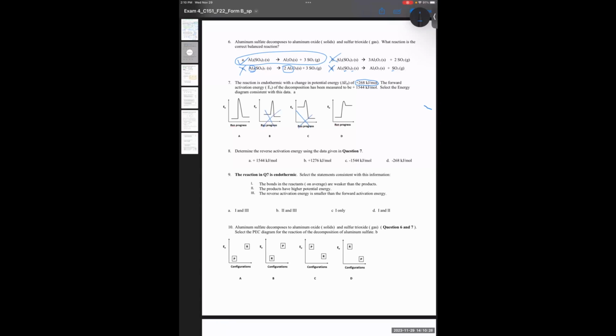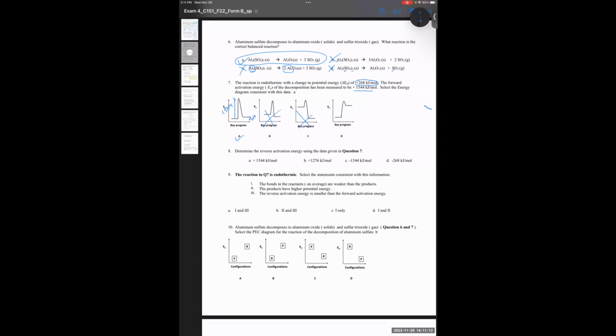And then between A and D, we need to think about the activation energy. You are given the forward activation energy of the decomposition, measured to be a large value, much larger than the gap between the reactants and the products. That is satisfied only in A. For example, in option A we have 1544, and the energy gap over here is 268. So that makes sense.